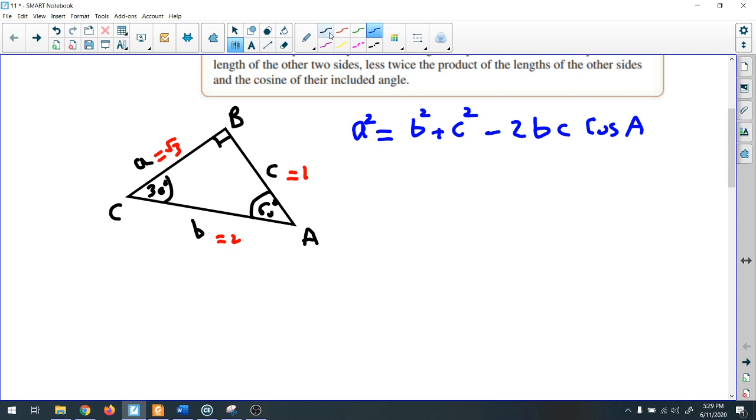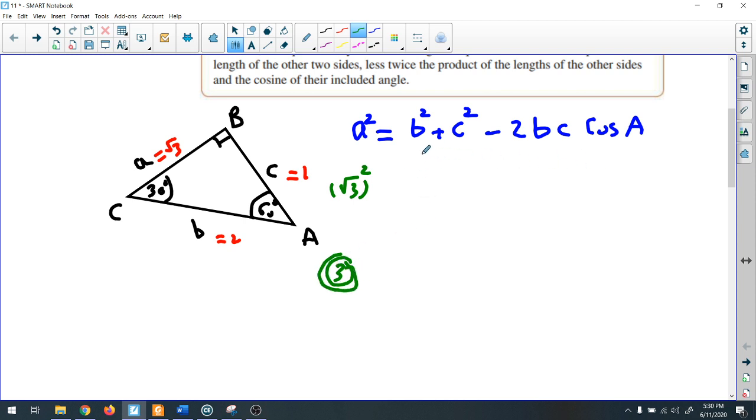Then we'll plug in all the numbers we have. The left side will be a square, and we know that a is square root of 3, and if you square it, it's supposed to be 3. Left side must be 3.